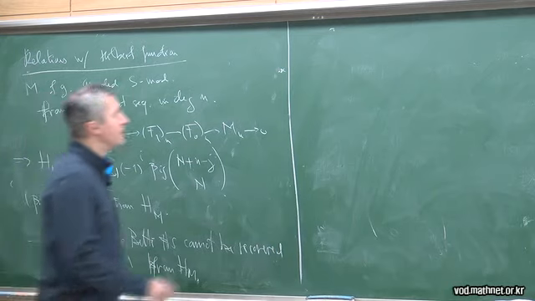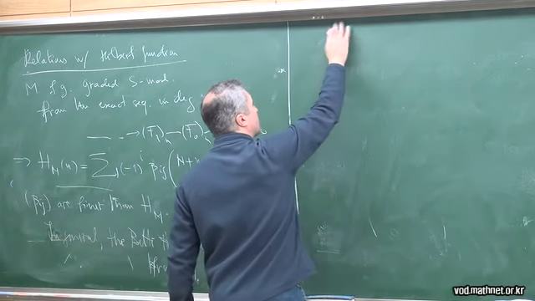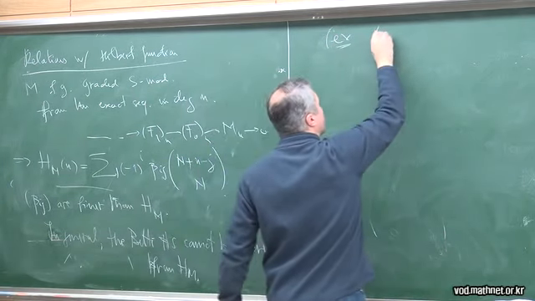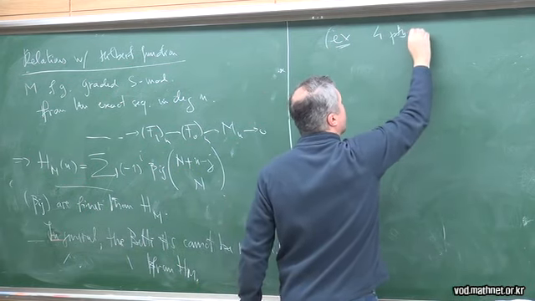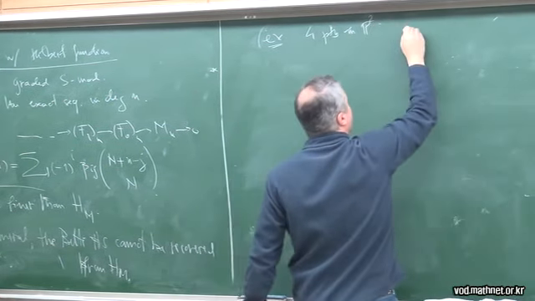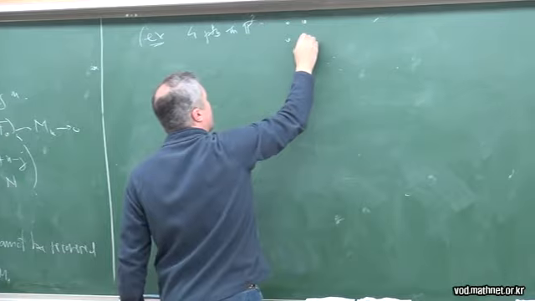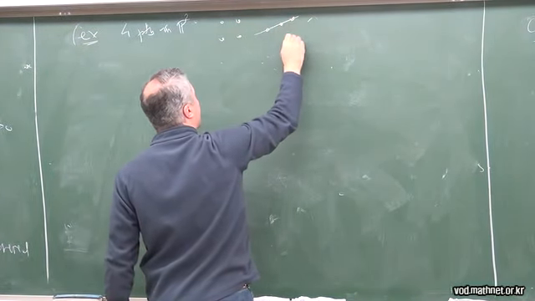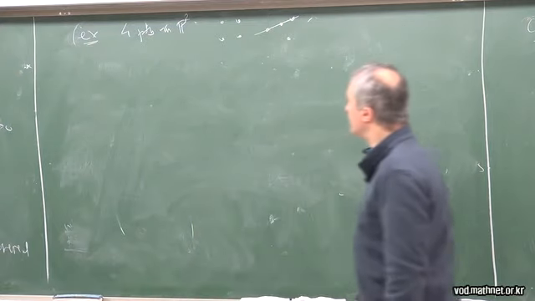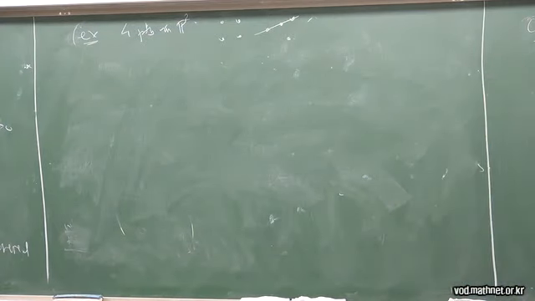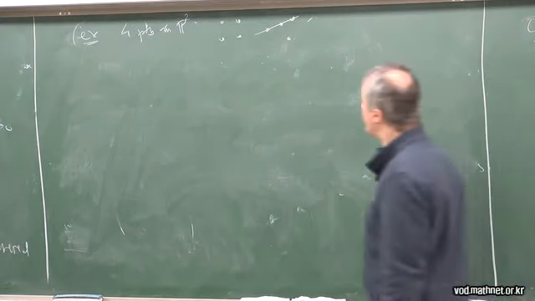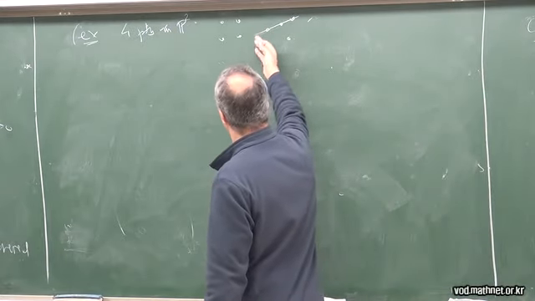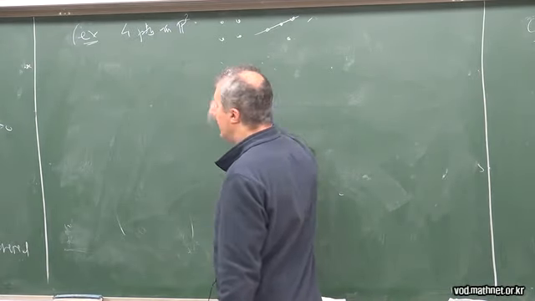One example, but I'm not going to discuss it because I will run out of time. You take 4 points in P2. If you take 4 points which are not on a line, or 3 on a line and 1 off the line, the Hilbert functions of these configurations of points are the same, but the Betti numbers are not the same.